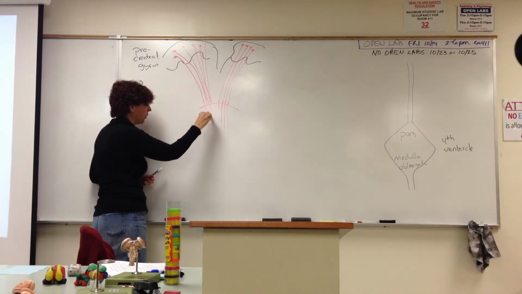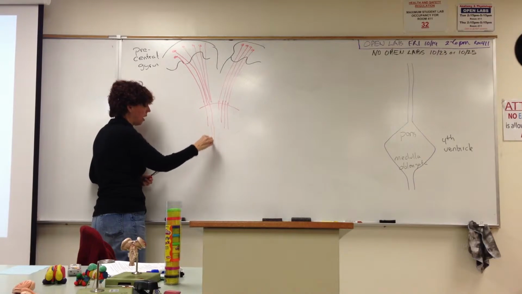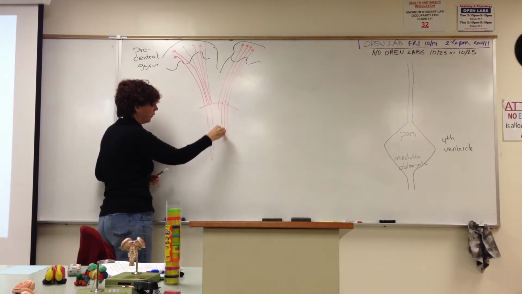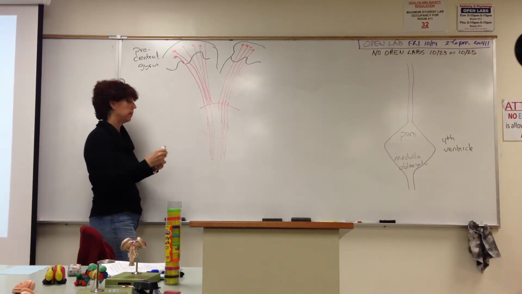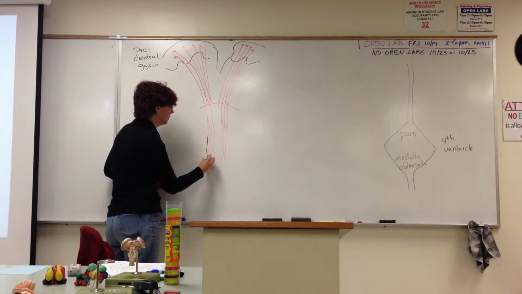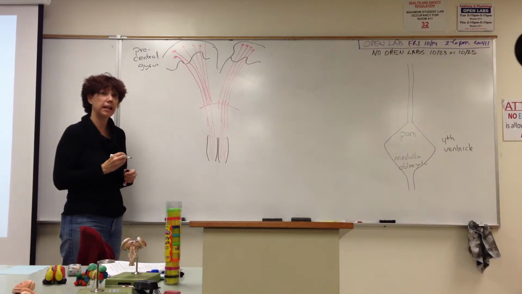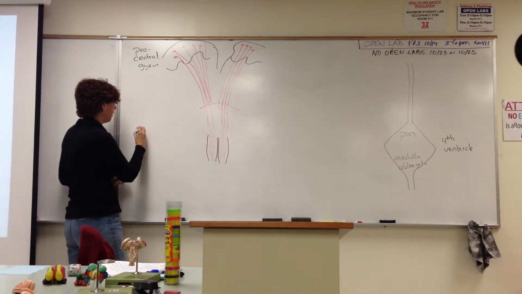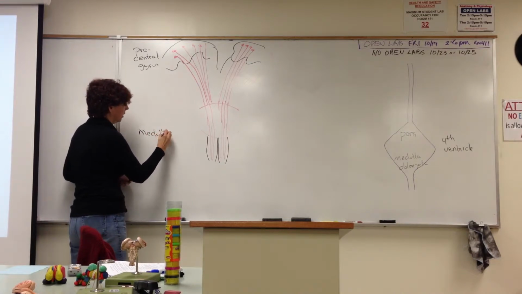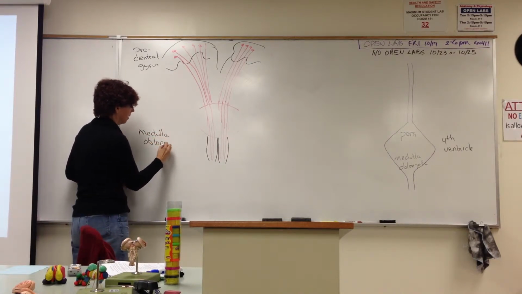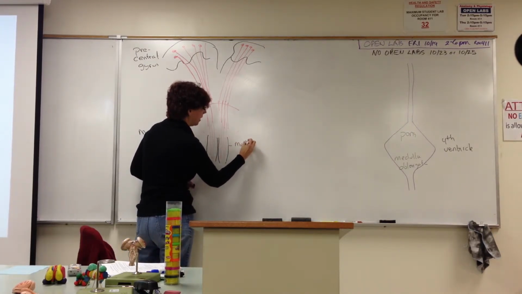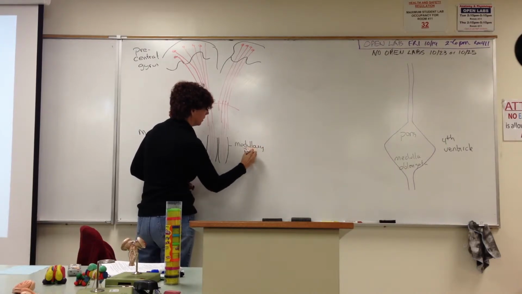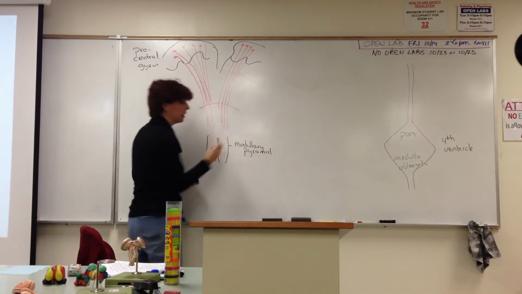And then as they continue through the pons, they form two columns of motor fibers on the ventral surface of the medulla, known as the medullary pyramids. All right, so this whole structure is the medulla oblongata, and this structure right here is known as a medullary pyramid.